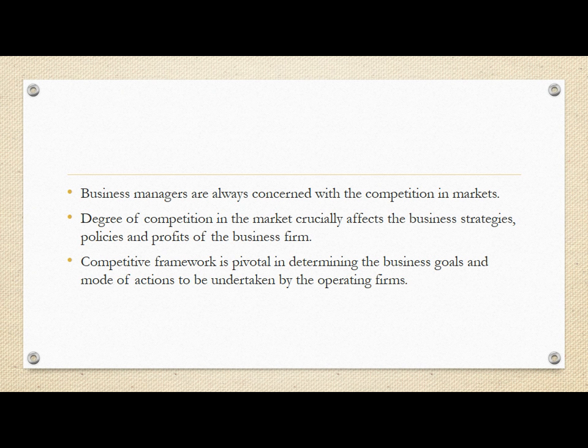By and large, the competitiveness of the market is conditioned by the number of sellers or firms existing in the market. As a matter of fact, the larger the number of firms in existence, competition tends to be high. The fewer the number of sellers, competition tends to be less.